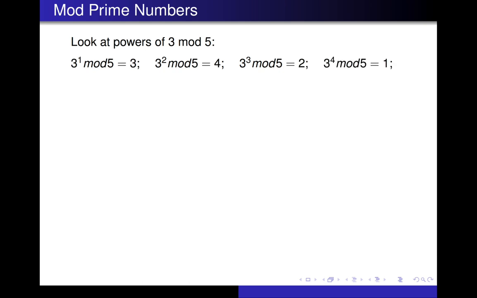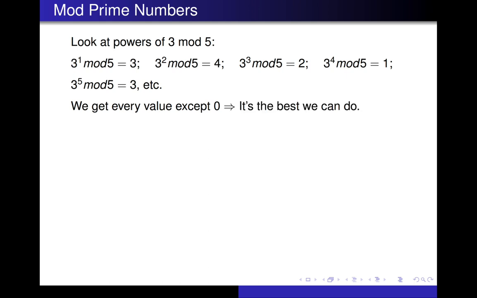If we do 3 to the 4, that's 81, and that is 1 away from 80, that gives us 1 mod 5. And then if we go 3 to the 5, that one's a little bit harder to see, but you get back to 3 and you end up cycling around again. So you get 3, 4, 2, 1, 3, 4, 2, 1, etc. So the only ones you get are 1, 2, 3, and 4, but actually that's pretty good. That's every value except for 0. And it turns out that that is the best we can do.